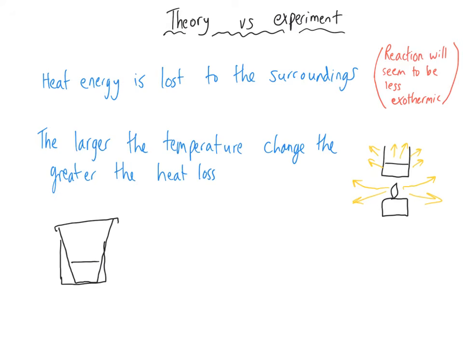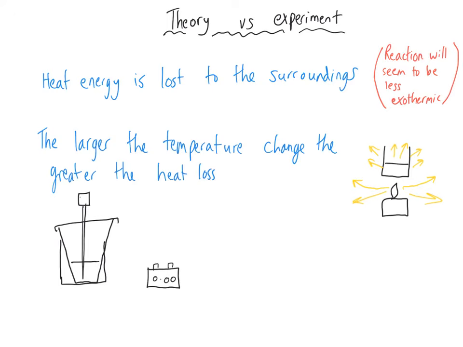And this can lead to quite big issues, some of which we can account for, some are harder. The ones that are easiest to account for are for the reactions that take place in the expanded polystyrene cups. Even though they are good insulators, the polystyrene cups will still lose some heat energy from the top and the sides, and we can try and account for this by plotting a cooling curve.